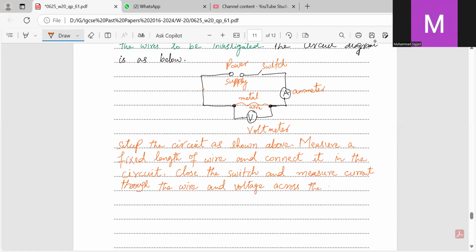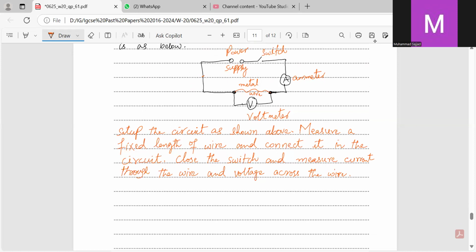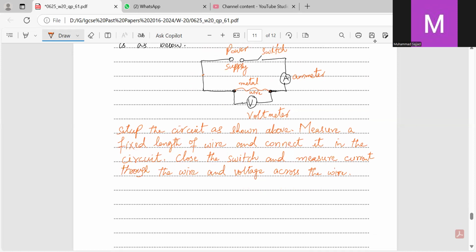Which wire? Like we have connected the copper wire in the beginning. When it is done, then across the wire, resistance is found by V over I.